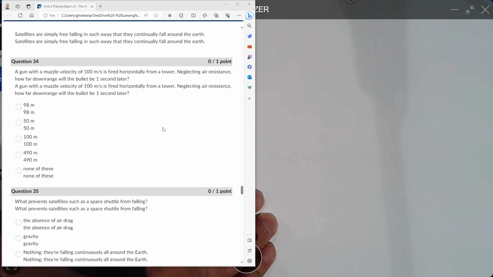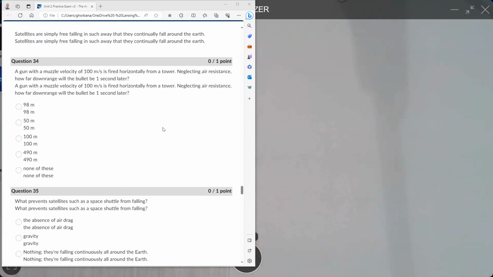A gun with a muzzle velocity of 100 meters per second is fired horizontally from a tower, neglecting air resistance. How far down range will the bullet be 1 second later?